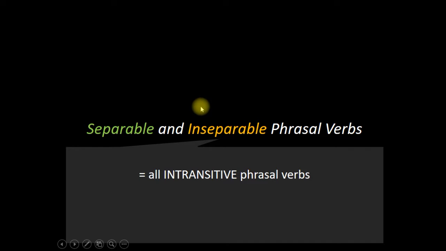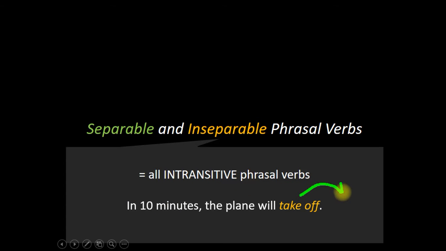Now, next we'll talk about inseparable phrasal verbs, which obviously means verbs which cannot be separated. So all intransitive phrasal verbs we can think of as inseparable. So for example, in 10 minutes, the plane will take off. Take off something?